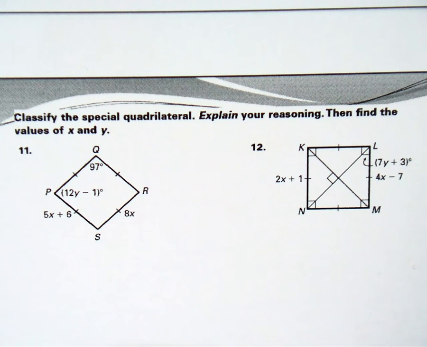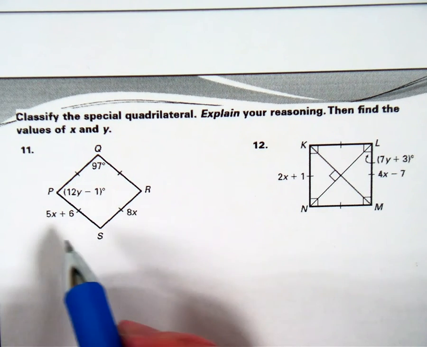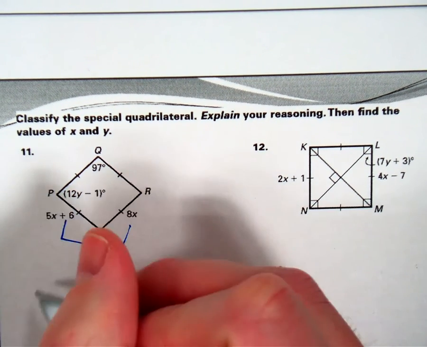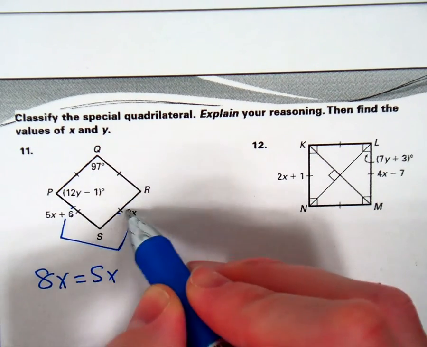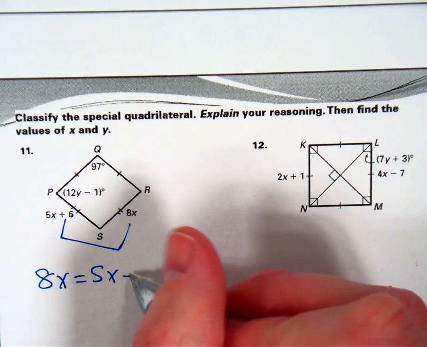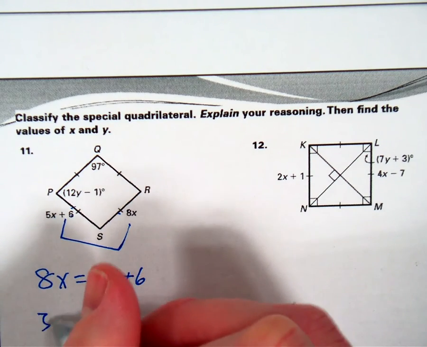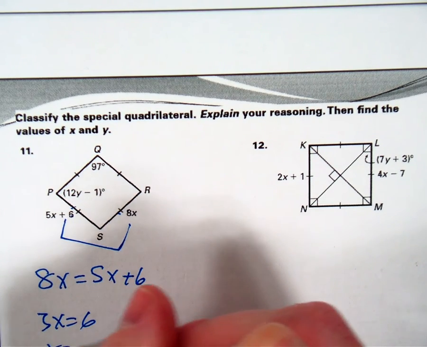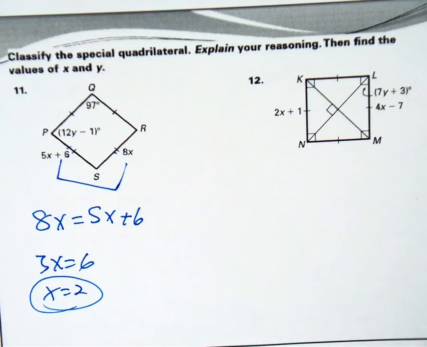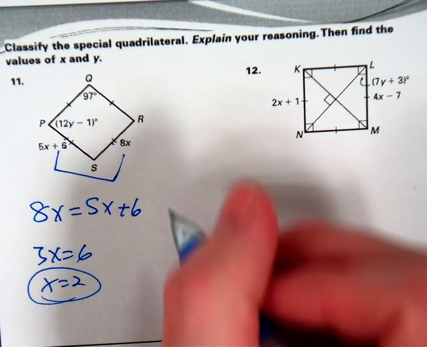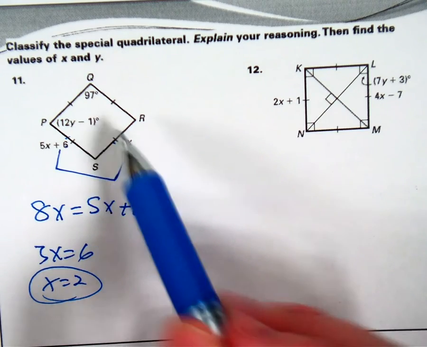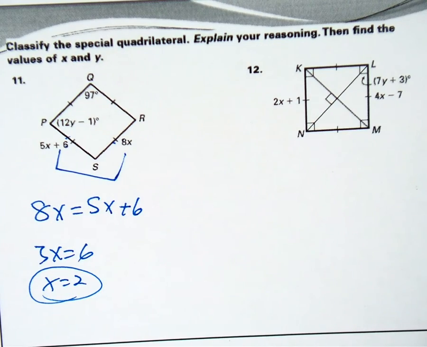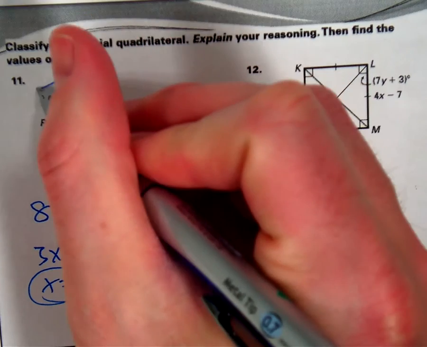Then solve. Well, the easy one here is the x's. These two sides are the same, so I'm going to set these equal to each other. We'll get 2 for x. Well, what about y? I don't see any other y's. How am I going to find that? Remember that these special ones are also still parallelograms.